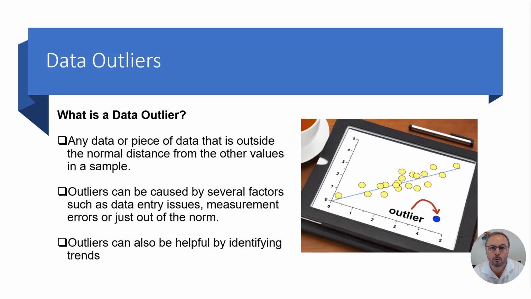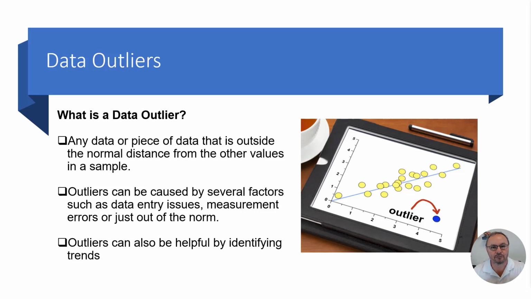So we want to sample the height of these students. Well, if everyone is 6'2" on the basketball team, and then we have someone that's 4'2", that would be a simple example of what could be an outlier. So is there really a person that's 4'2" on the basketball team? Or is it a data entry issue?